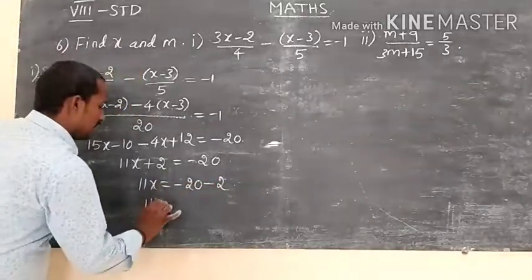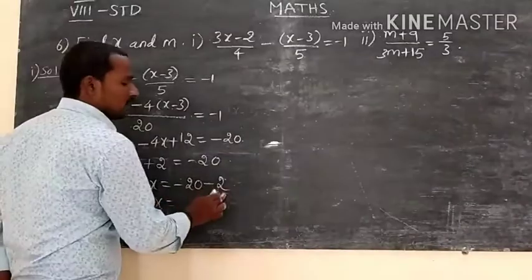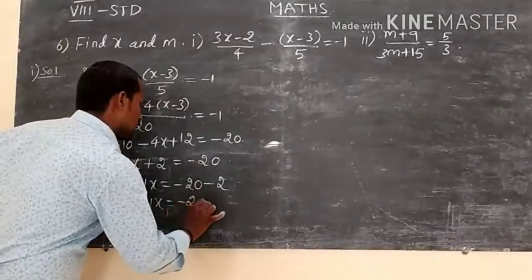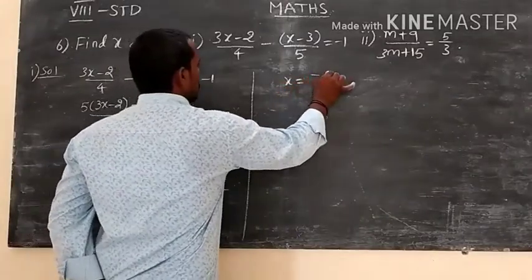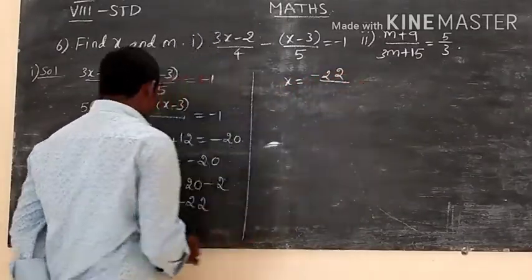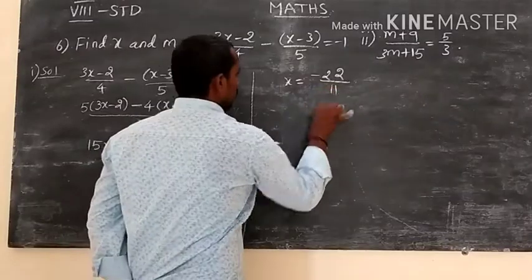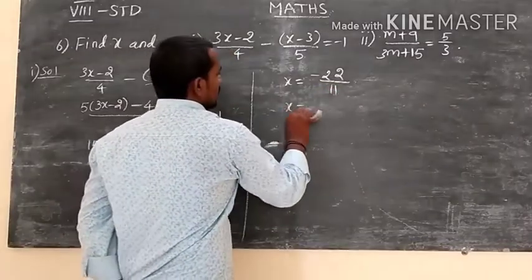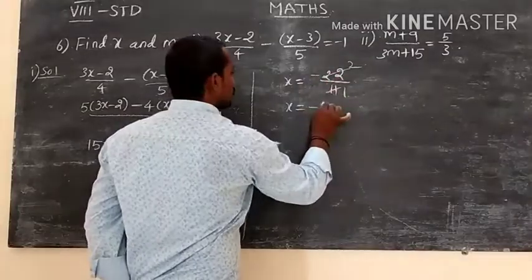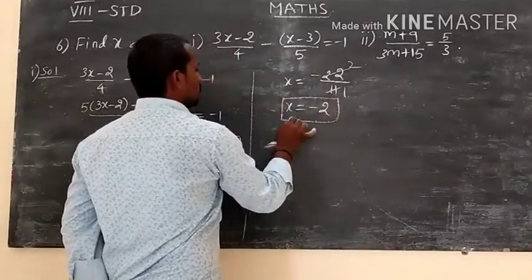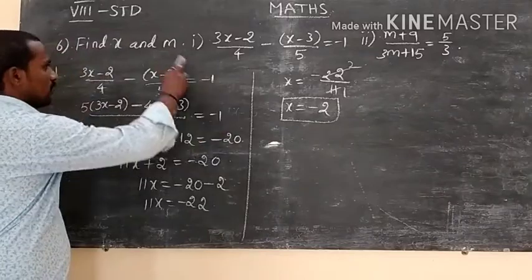Okay, so 11x equal to minus 20 minus 2, totally minus 22. So x is equal to minus 22 divided by transpose value, so divisor, so 11. x is equal to 1 11s are 11, 2 11s are 22, so minus 2. So x is equal to minus 2. The value of the question is minus 2.